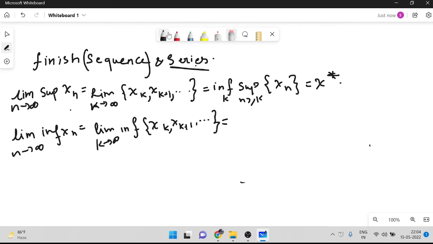Basically this is an increasing sequence, so it will have a supremum, which is equal to x star.